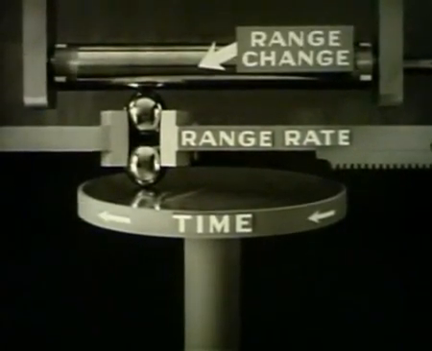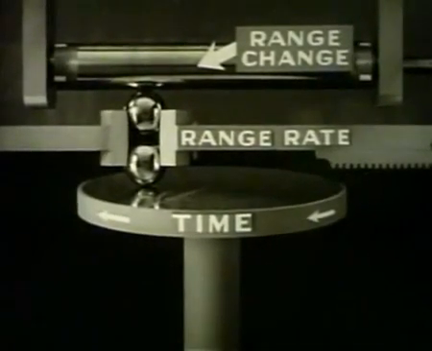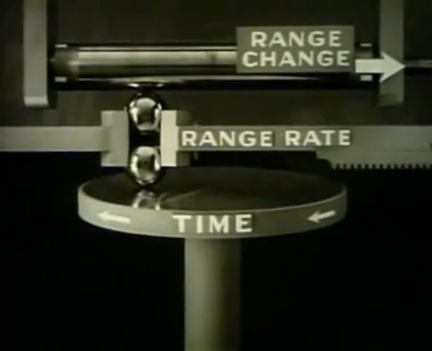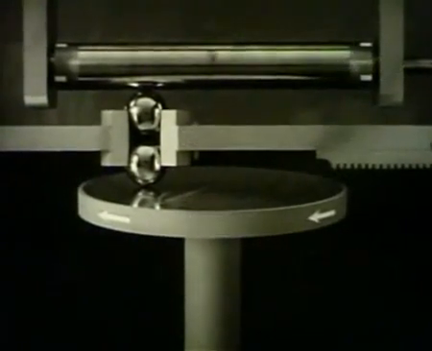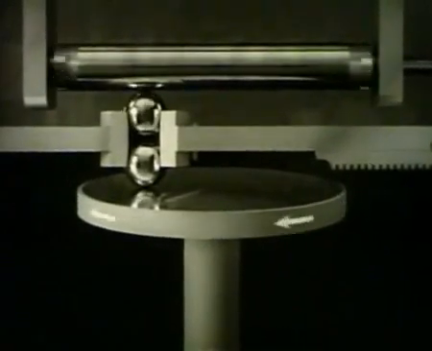Range change is the roller's position measured in revolutions from its starting position and transmitted through an output shaft. The rotating disc, through friction, turns the balls and the roller.